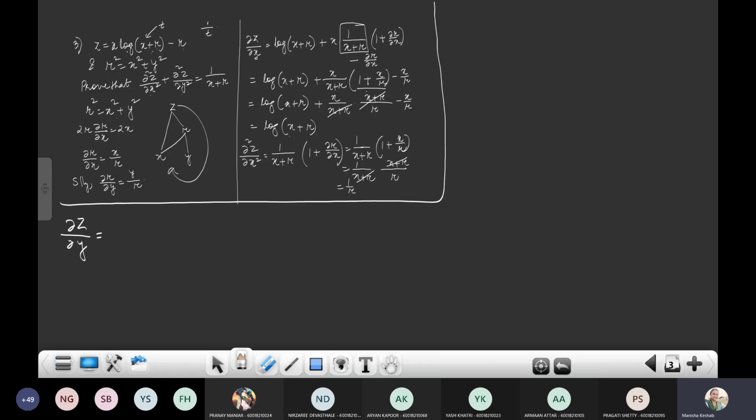So here x will behave as a constant and again it is a log function. So we will get 1 upon x plus r, but when we differentiate x with respect to y, that will be 0, plus r with respect to y, so del r del y, minus r, that we will get is del r del y.